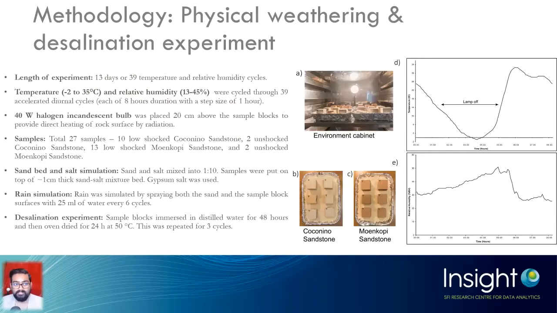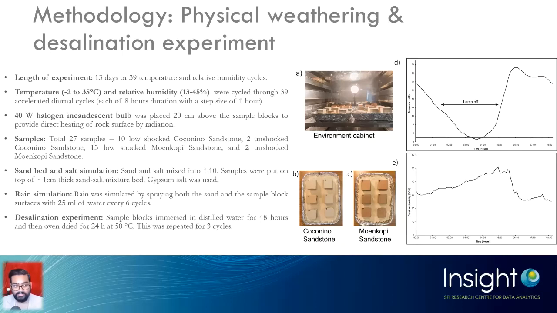We conducted a physical weathering and desalination experiment in order to understand the effects of impact inheritance on the breakdown of sandstone at the Oxford Rock Breakdown Laboratory in Oxford University. The length of the experiment was 13 days. Temperature and humidity were cycled for 39 accelerated cycles, each of 8 hours duration with a step size of 1 hour.